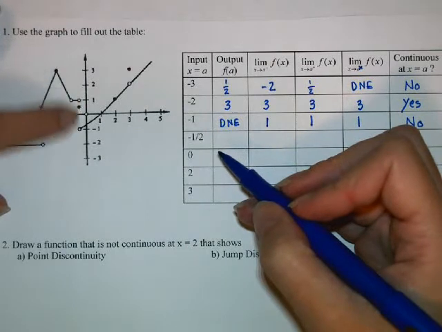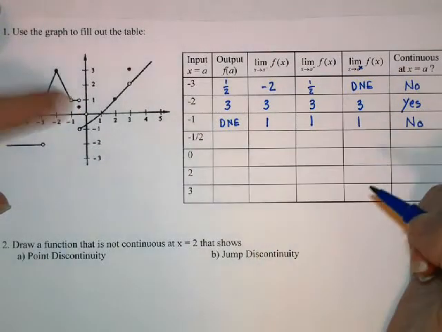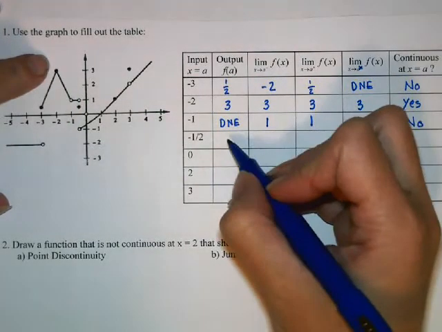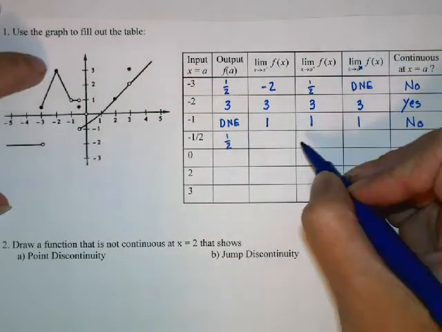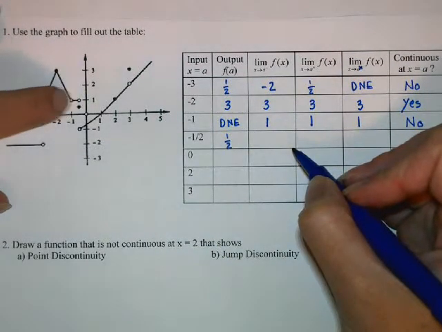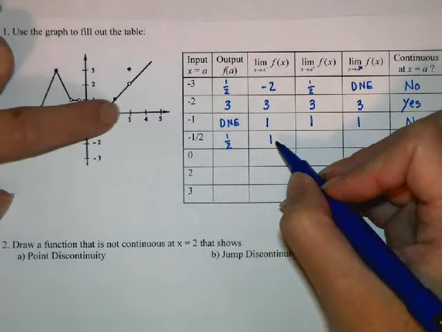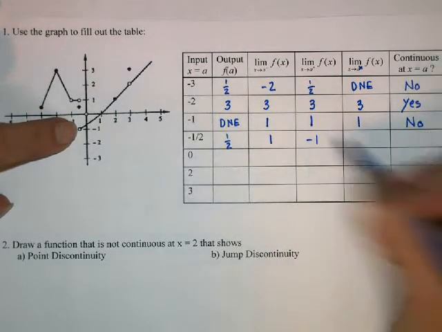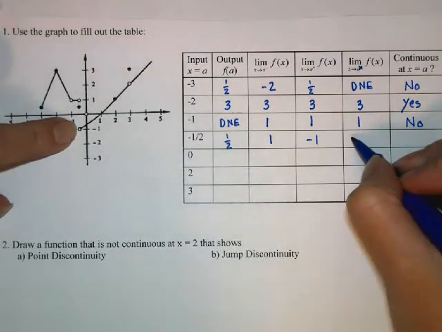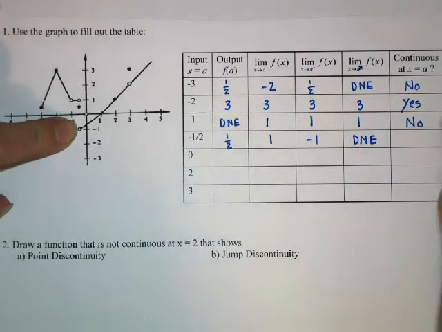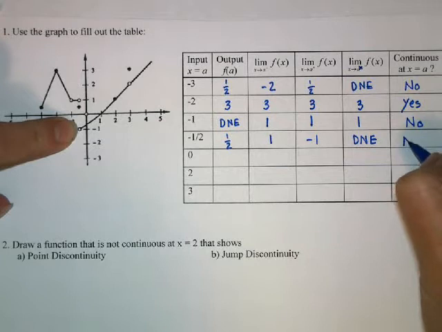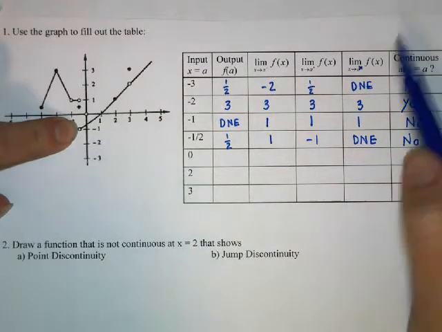At -1/2, the function value is that little dot, so that's going to be 1/2. The limit from the left is going to 1. The limit from the right is going to -1, which means those are not the same, so there is no limit. So this is very much discontinuous.